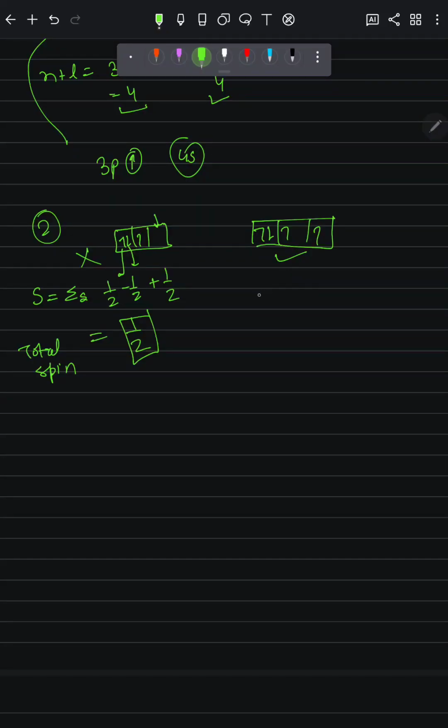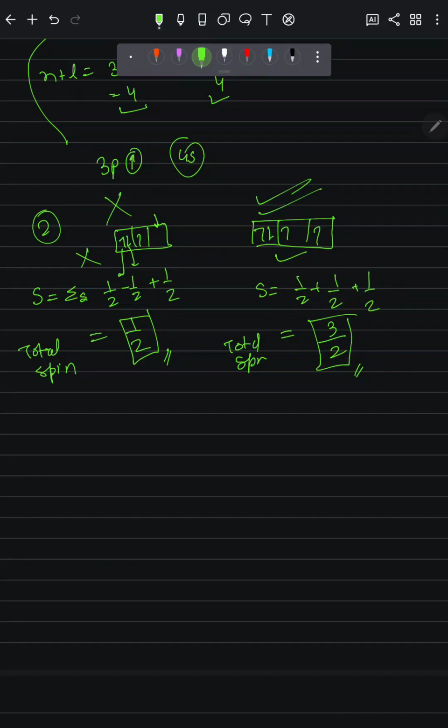For the other case, S is equal to 1 upon 2 plus 1 upon 2 plus 1 upon 2, so the total spin is equal to 3 by 2. This value is much higher, so this is not preferred and this is preferred.